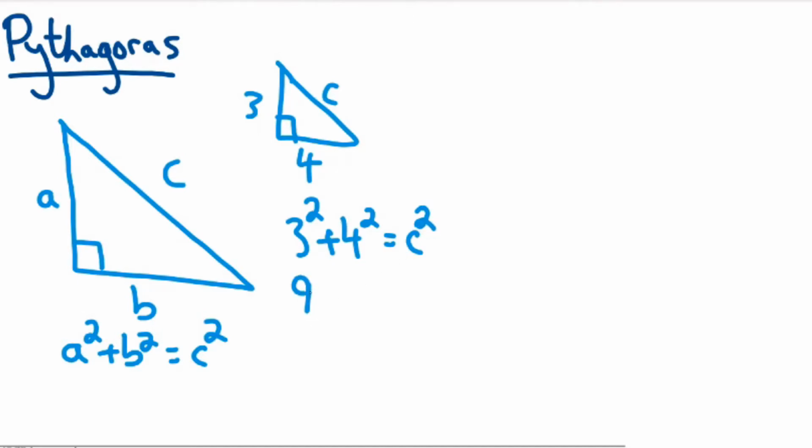Well, 3 squared is 9, 4 squared is 16, and together they're going to give us 25. Well, what's 25 expressed as something squared? That would be 5 squared, meaning that this C here is in fact a length of 5.